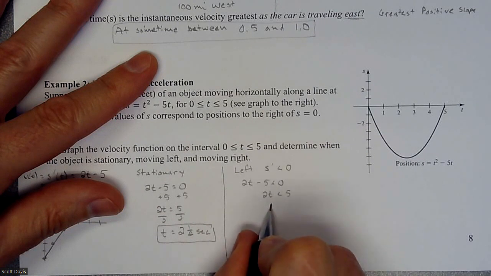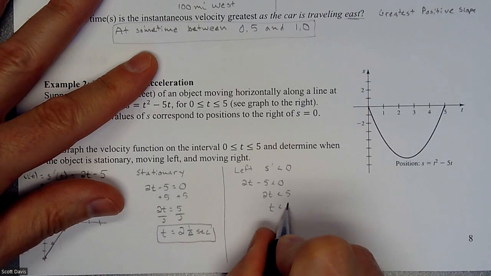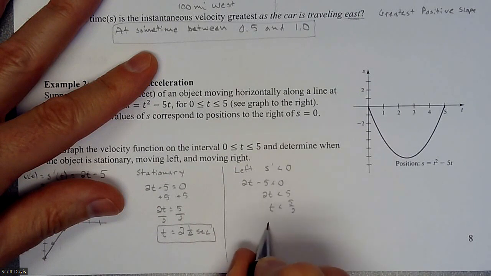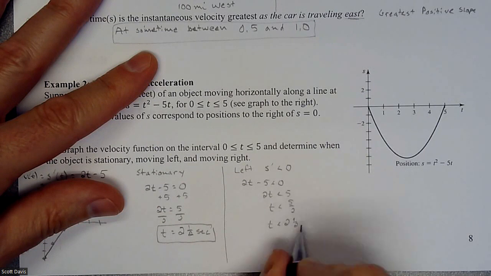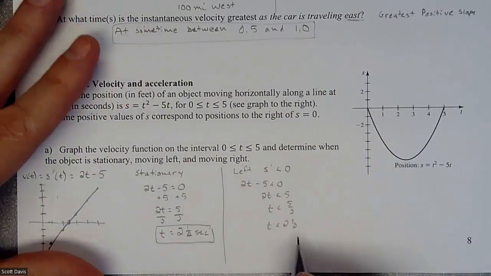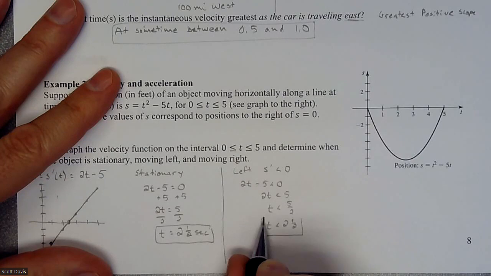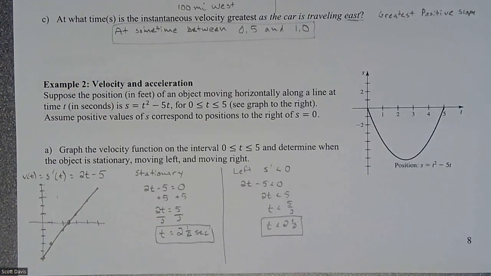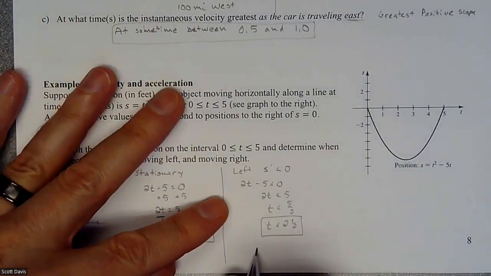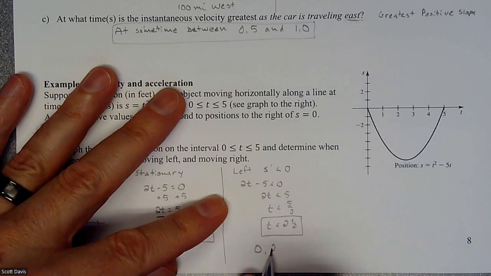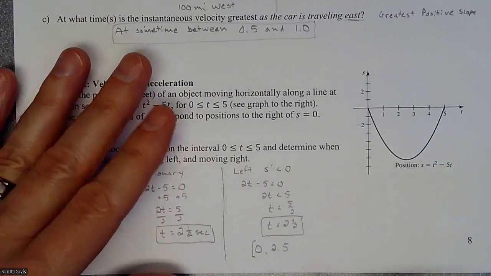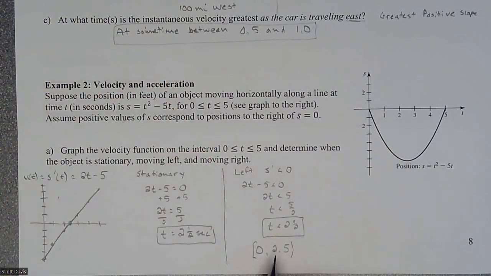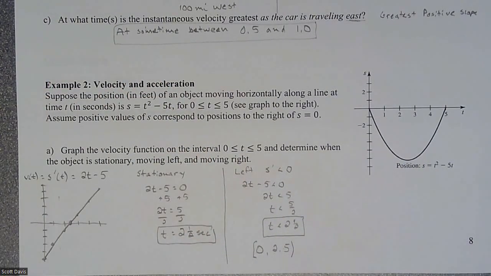Divide by 2, and t is less than 5 halves, which means t is less than 2 1/2. So when is it moving to the left? When we are less than. So really, we're talking about from 0 to 2.5. We would be including 0. We would not be including 2.5 because at 2.5 it stopped.